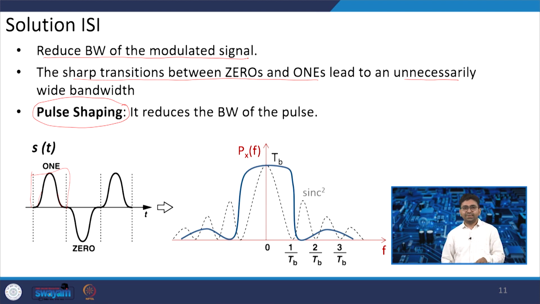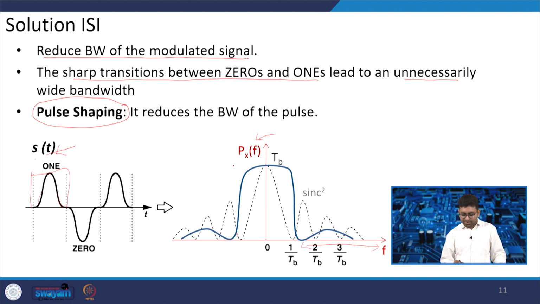Now, if this is s(t) and this is the frequency domain power spectral density, initially the dotted line is the square wave, but the updated one, because of the pulse shaping, has low information in the other frequency parts.